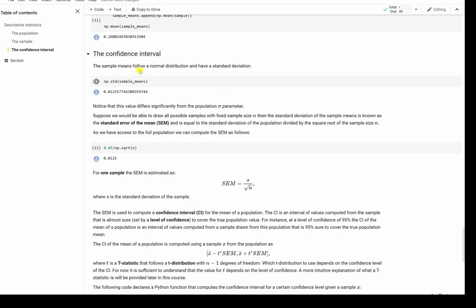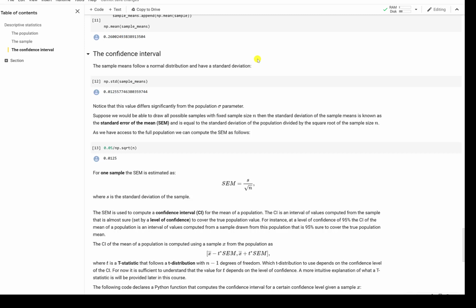That brings us to the confidence interval, which is a way to describe, so we're still doing descriptive statistics, the uncertainty. How certain are we about a certain statement, a certain claim? In our case, we were looking at the mean of the population, which we estimated from the mean of the sample.